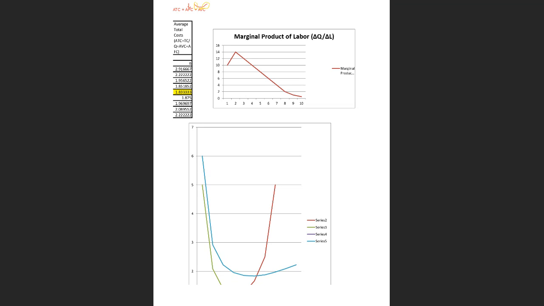The last thing I want to mention that we're going to see here in a second is the relationship between average and marginal. Okay, so what I want to say is the relationship between average and marginal.